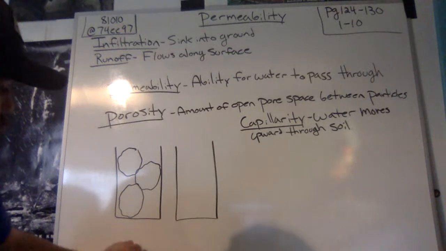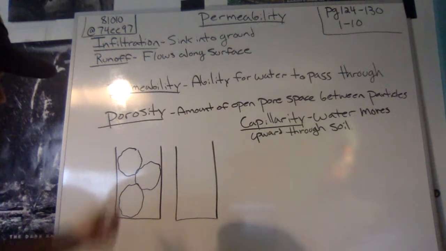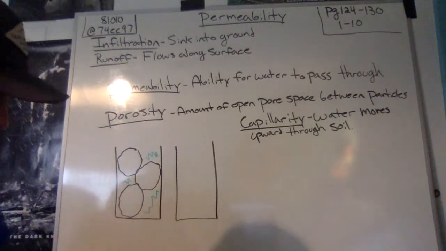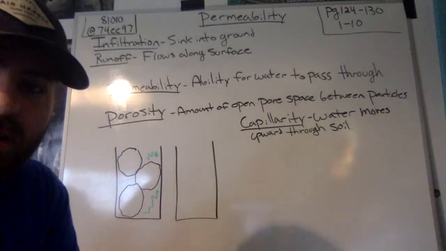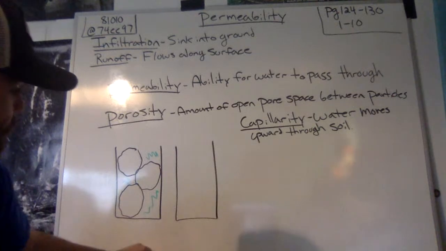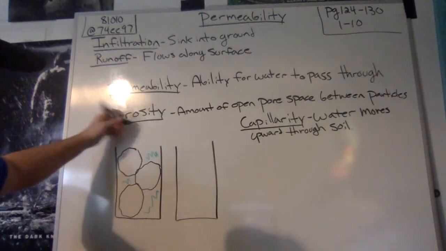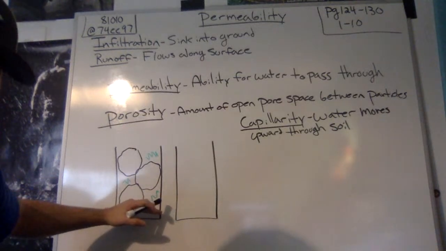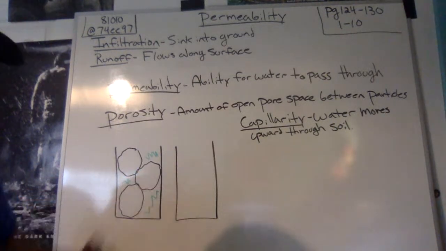So all this free space can eventually be filled up with water, okay? So if I was to pour a bucket of water on this, the water is going to travel down really fast, okay? So that's what we're talking about with porosity.